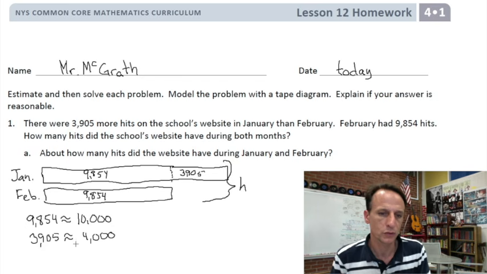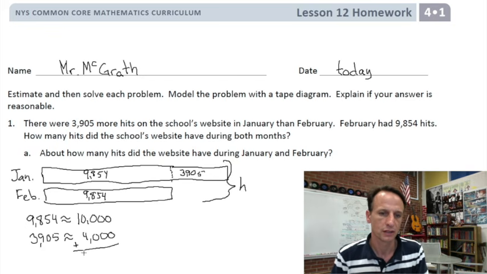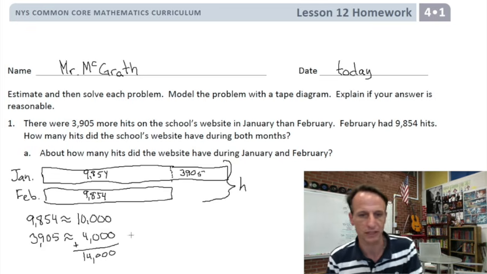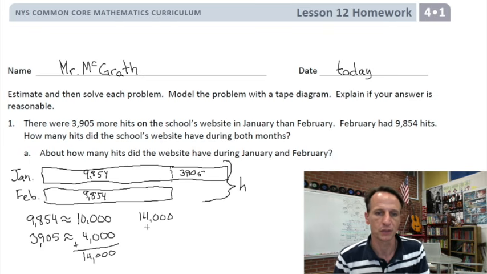Now if we were to put the two of these together to get the total for January, you could see 10,000s and 4,000s. That's right, 14,000s. But is that our estimate? No, that's just January. So we need to say, well, the 2 months together is 14,000s for January.